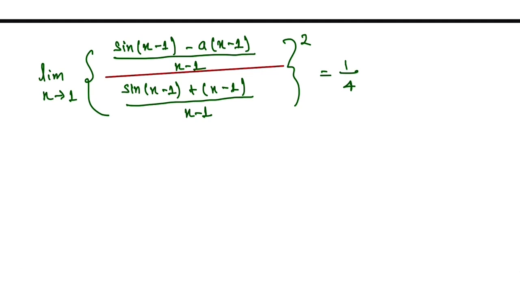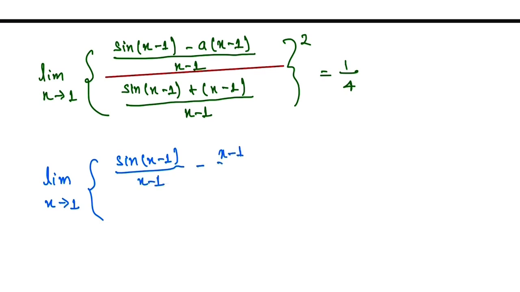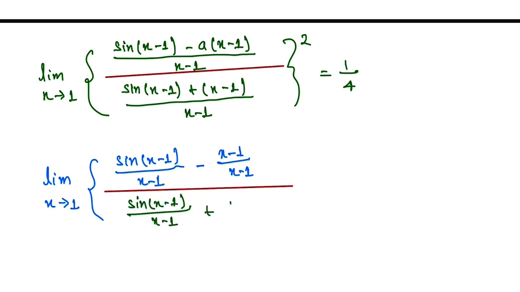Now it can be written in separate form: sin(x minus 1) by (x minus 1) minus a times (x minus 1) by (x minus 1), divided by sin(x minus 1) by (x minus 1) plus (x minus 1) by (x minus 1).